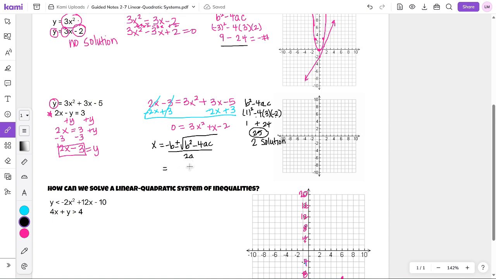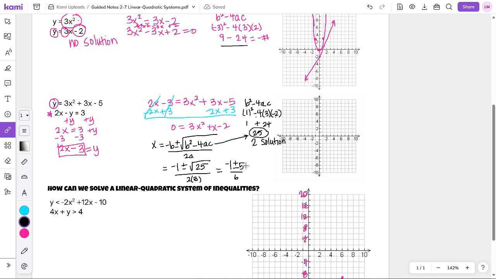So I know b is 1, so opposite of 1 is -1. Plus or minus, we already know b squared minus 4ac is 25 all over 2 times 3. So -1 plus or minus 5 over 6.